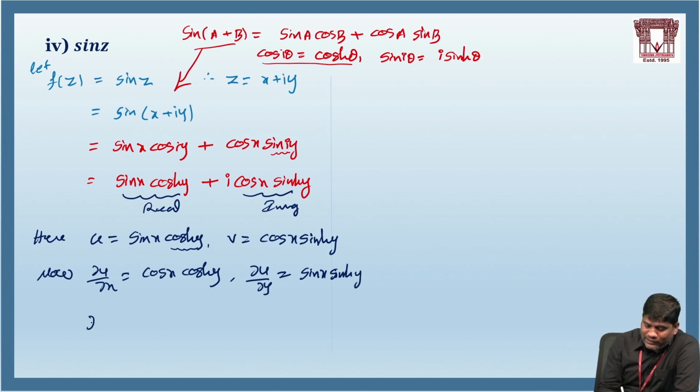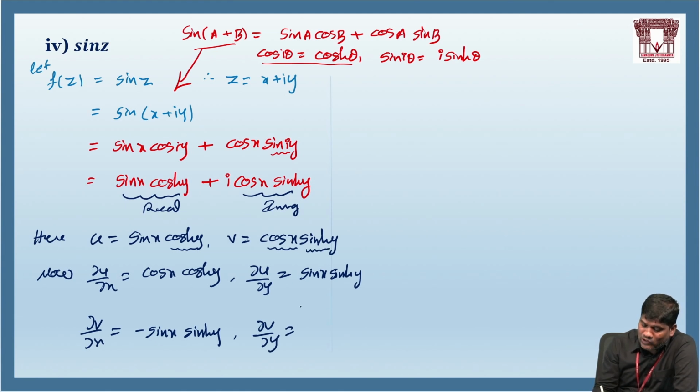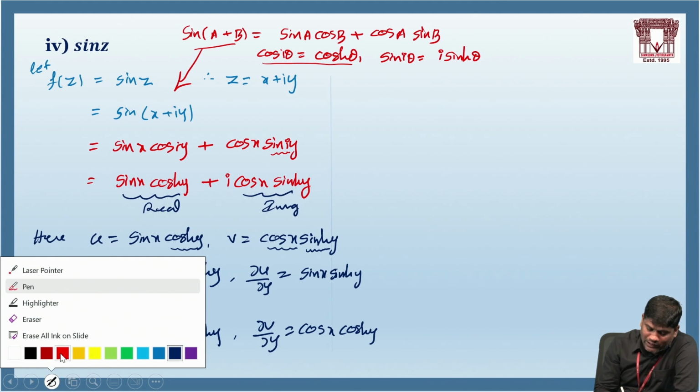Then dou v by dou x, derivative of cos x is minus sin x sinh y as it is. Dou v by dou y, now we have to write the derivative of sinh y, with cos x treated as a constant, so cos x into cosh y. Here these both are equal.